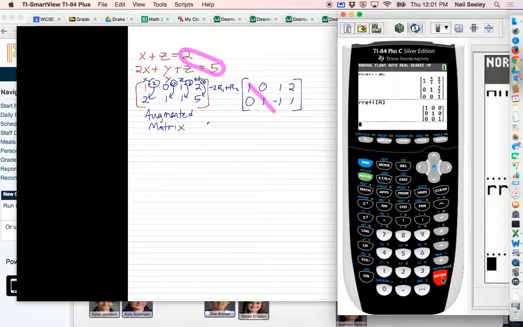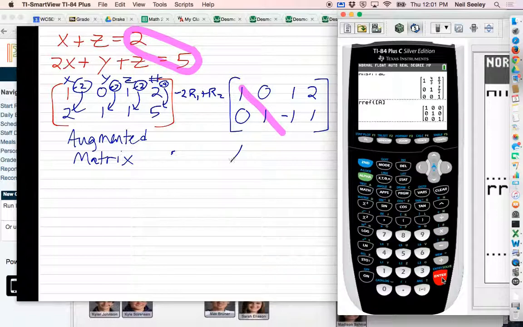What this translates to is x plus 0y plus 1z is 2. 0x plus 1y minus z is 1. Notice I don't have what z equals this time, or what y equals.